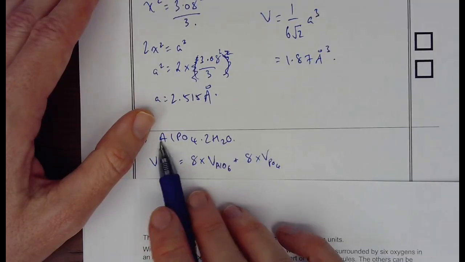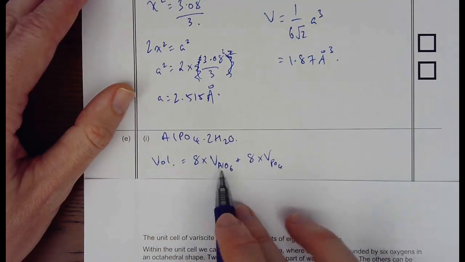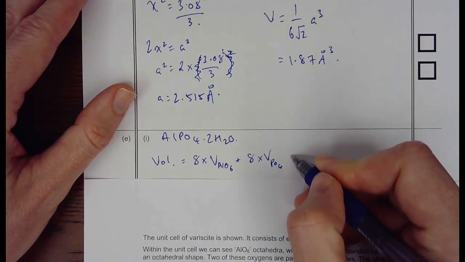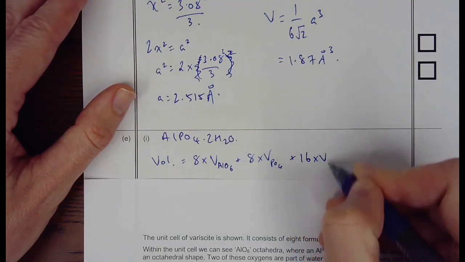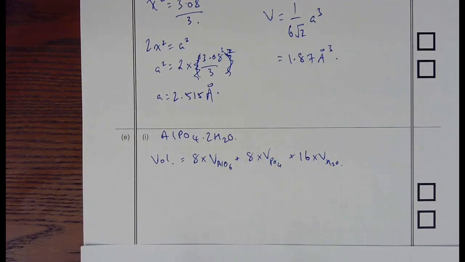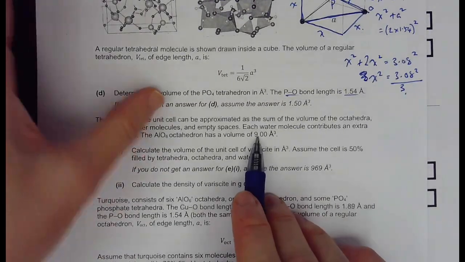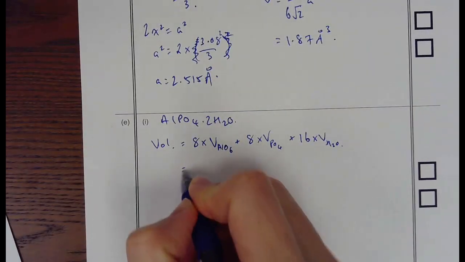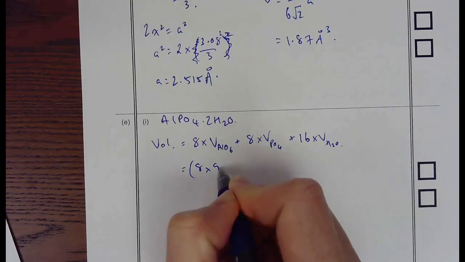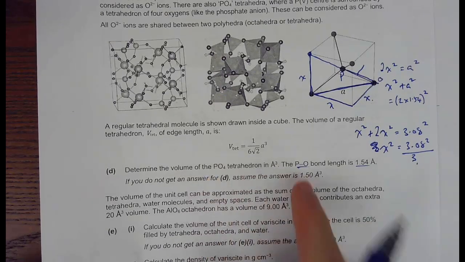So as long as my aluminiums and phosphoruses make sense, then I don't need to worry about anything else. So this is going to give me 8 aluminiums, 8 phosphoruses, and then I'm going to have to add on 16 times the volume of the water. So I know the aluminium, because I'm told that one there, 9. So this is going to be 8 times 9 plus 8 times the PO4, which is the thing that I just worked out in the last one.